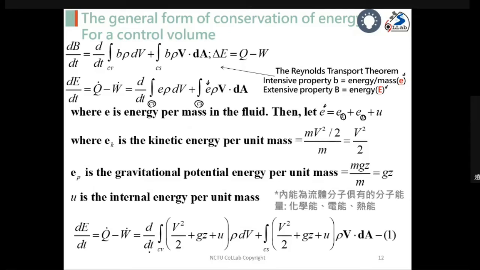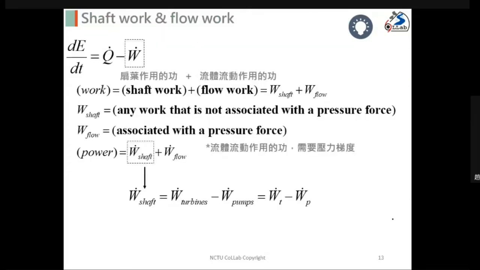We can rewrite the equation dE/dt equal to Q rate minus W rate as d/dt of the energy per unit mass in the control volume, plus the energy rate exchange along the control surface. This is our equation 1. And we go into details for the W rate.